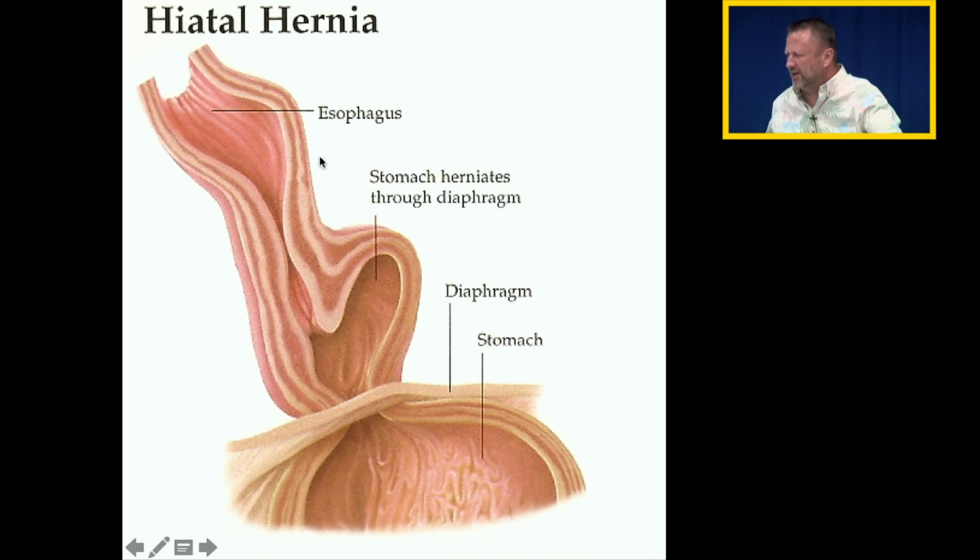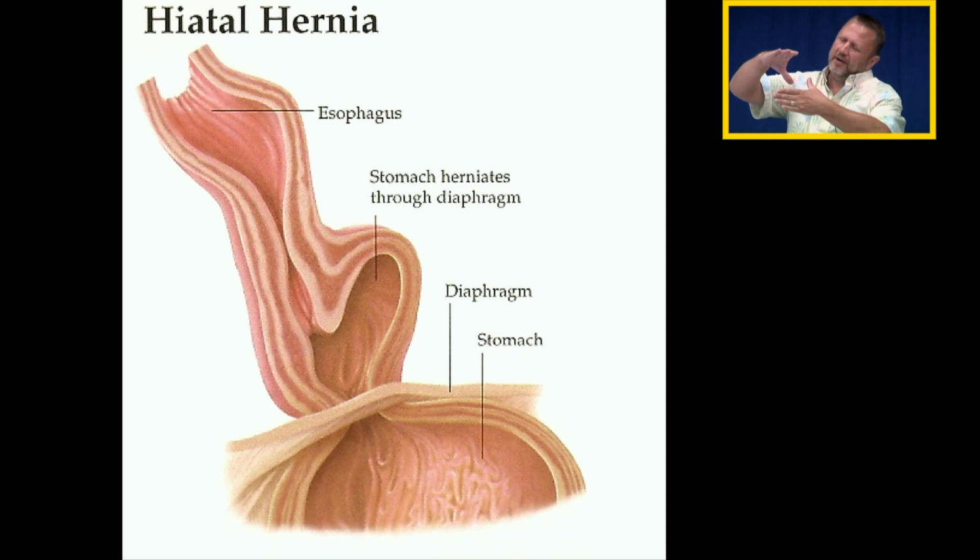This valve right here between the esophagus and the stomach doesn't really function like a valve at all. It's very, very weak. When we walked on all fours as mammals, our junction between the stomach and the esophagus used to be bent over that hiatus, and so gravity helped this valve function.